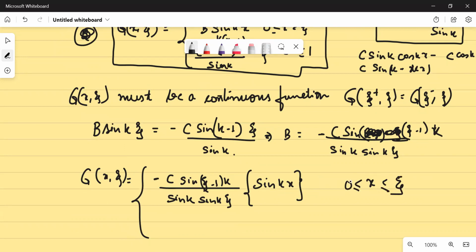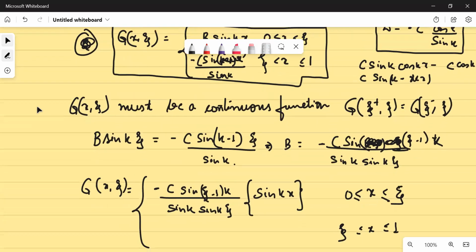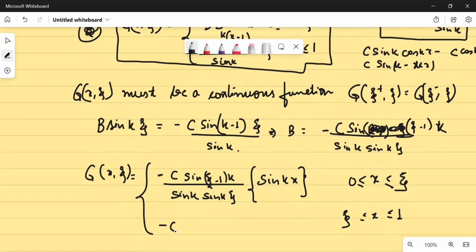And if x lies between zeta and 1, then you have minus c sine of (x minus 1) k divided by sine k. I think it's done.